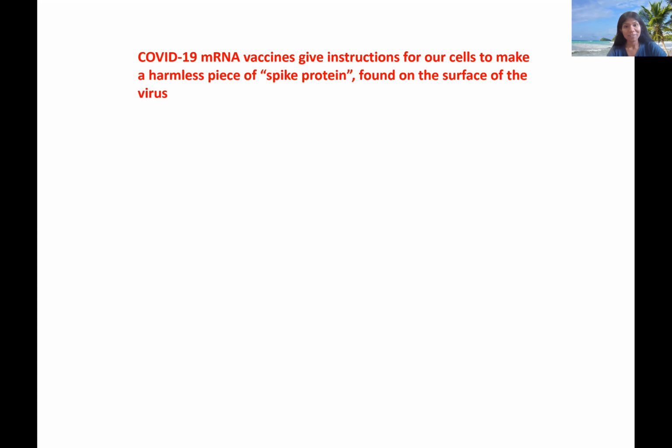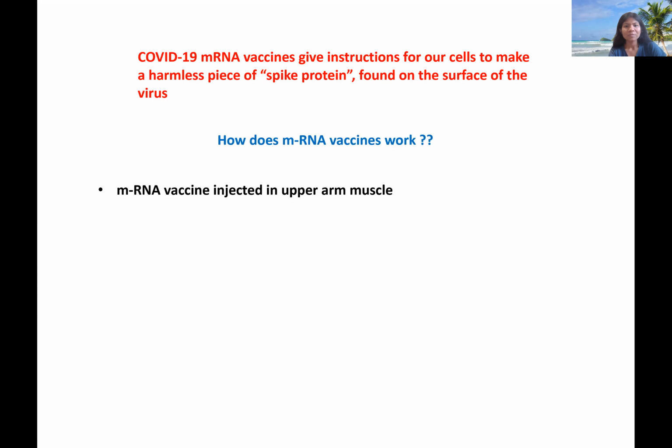So mRNA vaccines make a harmless analog of the COVID-19 spike protein. I'll tell you step by step how mRNA vaccines work. First you get a shot in your upper arm.